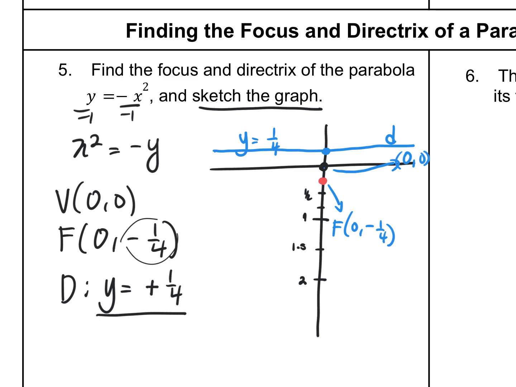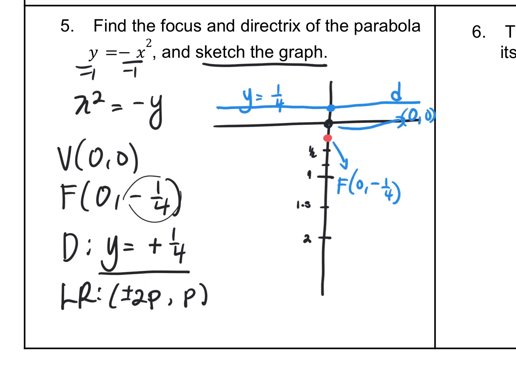Now, the latus rectum. We need to know the latus rectum for us to be able to graph our parabola properly. So the latus rectum coordinates will be plus minus 2p and then p. So in this case, the value of our p is negative 1/4. So that's gonna give you plus or minus 2 times negative 1/4, and then comma negative 1/4.